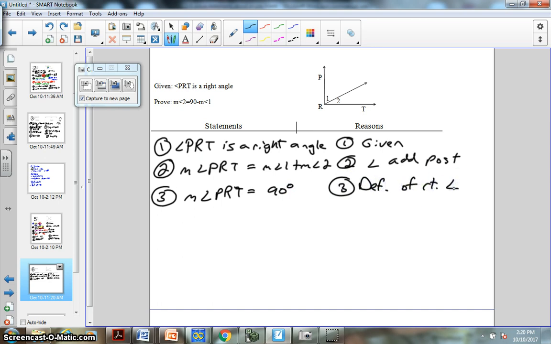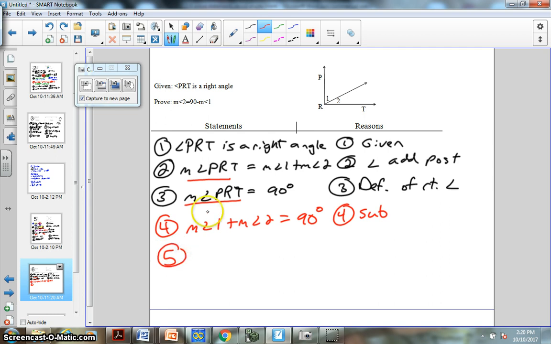All right, this one looks pretty easy. PRT, PRT. So step 4, the measure of angle 1 plus the measure of angle 2 equals 90 degrees. Substitution. So starting in the red, I'm doing my solving portion of it. I have to get angle 2 by itself, because I can see right there angle 2 is alone.